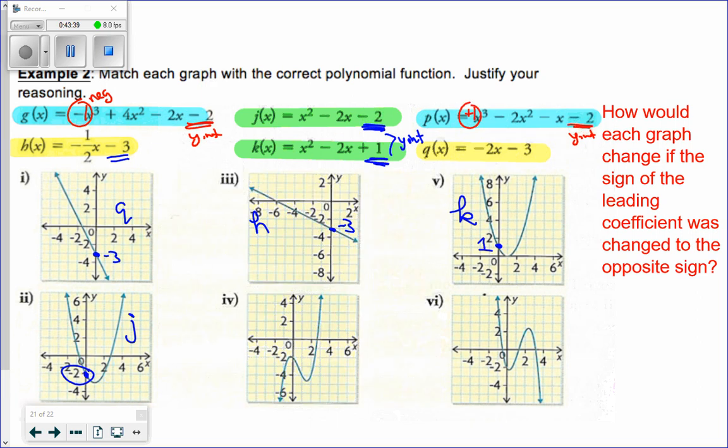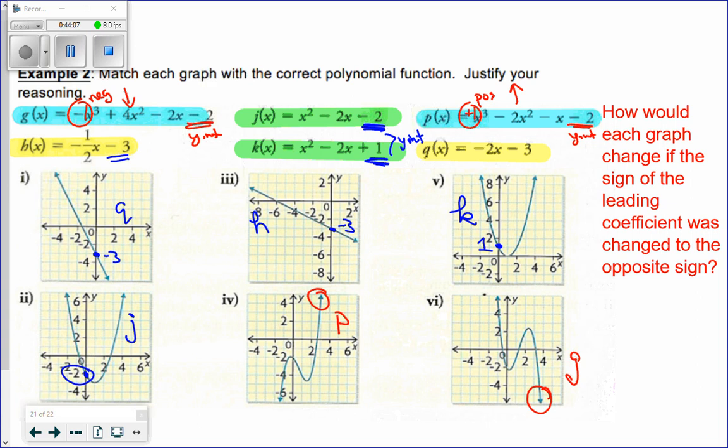This one has a positive leading coefficient. Remember, leading coefficient tells you how the graph will end on the far right side. So this one's going to go down, and this one's going to go up. So this one goes up, so that's P. This one goes down, so that is G.